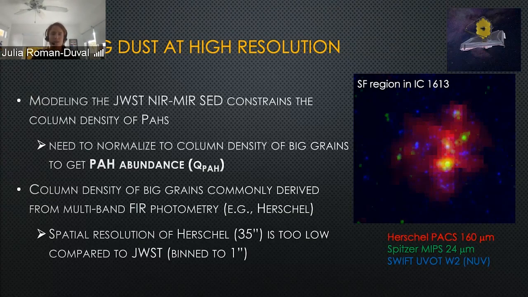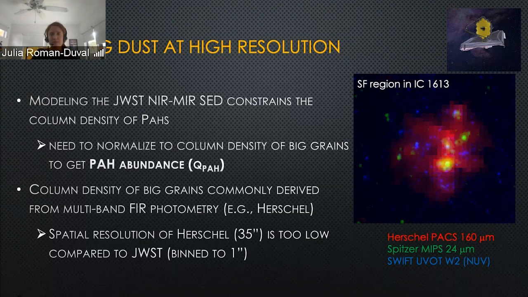So interstellar dust is cold. It has a temperature of 20 Kelvin or so, 20 to 30 Kelvins. And so the peak of its emission is really in the far infrared between 100 and 200 microns. And we have images of those galaxies at 100 or 200 microns. You can see this on the right here.